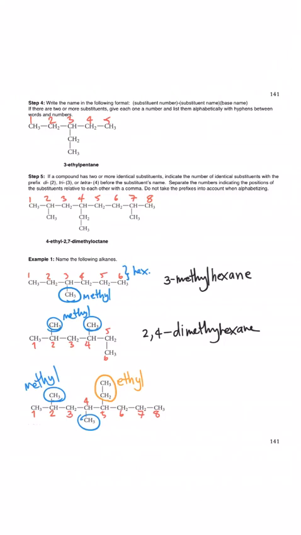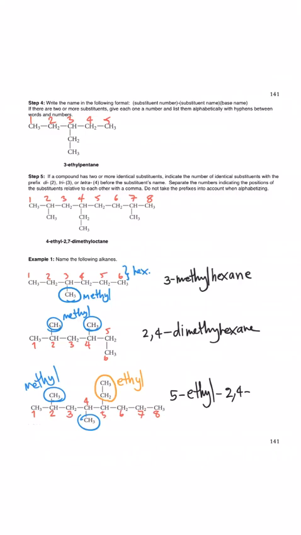Therefore, for the name, between M and E, alphabetically E comes first before M. Therefore, ethyl will come before the methyl group. So the location of ethyl would be 5, followed by ethyl, followed by the locations of the methyl groups, which are 2, 4, dash.